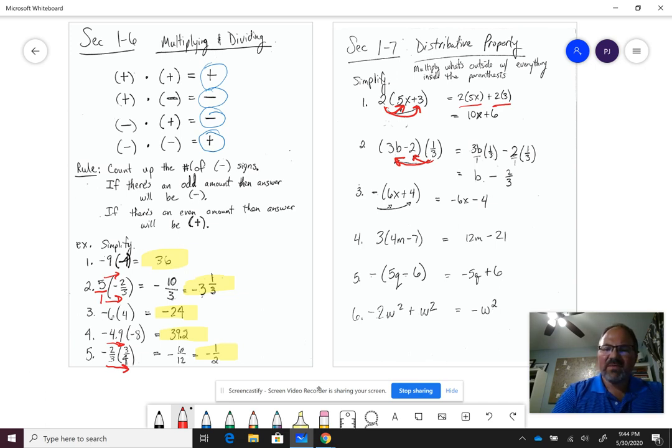Remember, if you have a negative sign and there's no number there, that is a shy guy. If your teacher never called it that, I call it a shy guy. It's meant to be there, but you don't know it because it's so shy, so it doesn't show itself. But it's a -1. So you're taking a -1 and multiplying it times 6x, and a -1 multiplying it times 4. And that's how we come up with our final answer here.